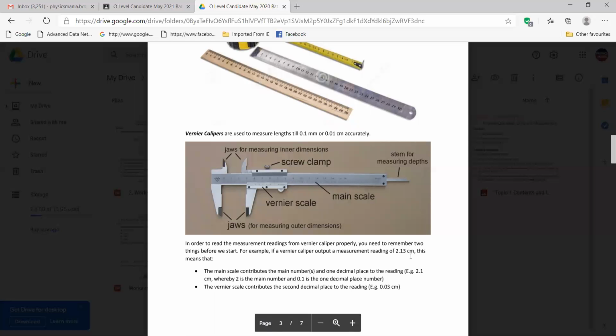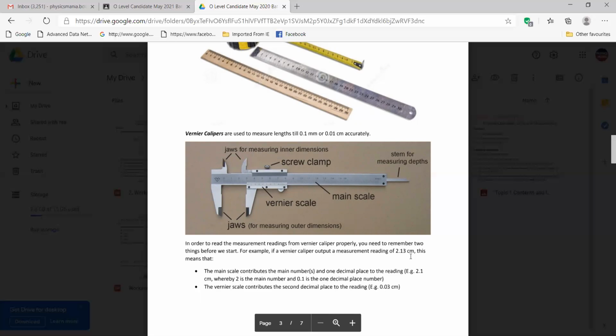In your ruler, you got 1 millimeter, right? The gap. Yes, sir. So if you divide this 1 millimeter into 10 equal parts, are you thinking how much smaller it will be? Very small, right? Yes, sir. That small part is giving you 0.1 millimeter, and in centimeter it is 0.01 centimeter. Yes, sir. That much accurately we can measure with vernier calipers.